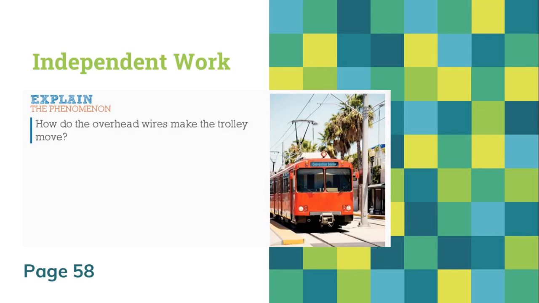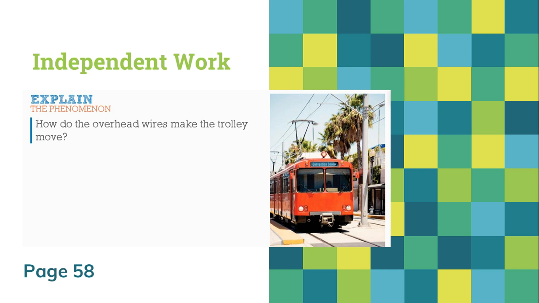After that, we're going to move on to our lesson review. Right there on page 54, we have the first question. If you remember at the beginning of the lesson, we were discussing how a trolley works. What's the main function of the wires on the top? Do we have electricity on the rails?